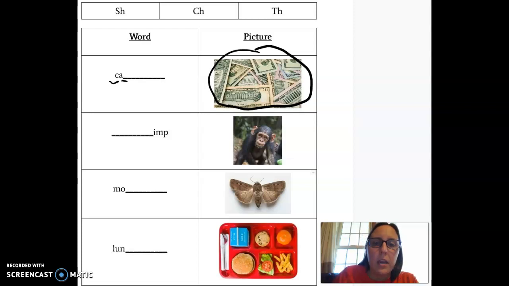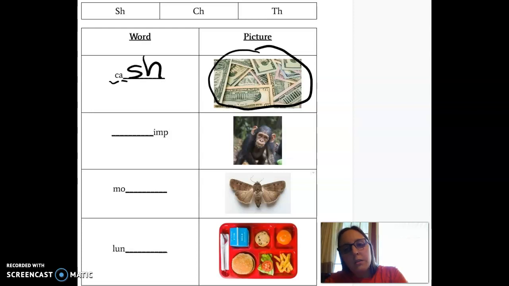Now, which one of our digraphs goes at the end of this word? SH, CH, or TH? K-ash. If you said SH, you're completely correct. At the end of this word is SH, cash.